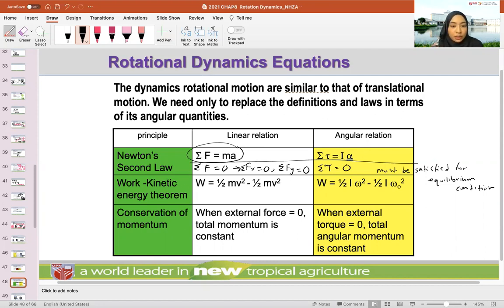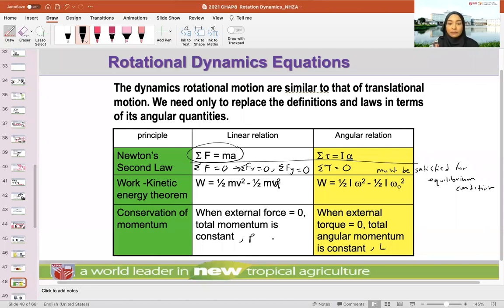Okay, so we have the work energy theorem, linear. It is 1 over 2 mv squared minus 1 over 2 mu squared. Sama juga, just translate it to angular quantity. And then the conservation of momentum: when external force is equal to 0, total momentum is constant. This was back in chapter 3, I believe. When external torque is equal to 0, total angular momentum L is constant.